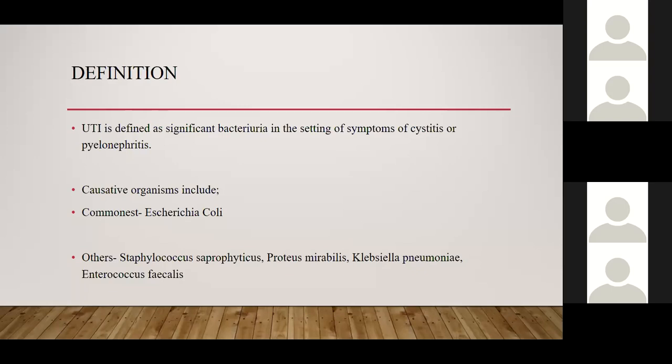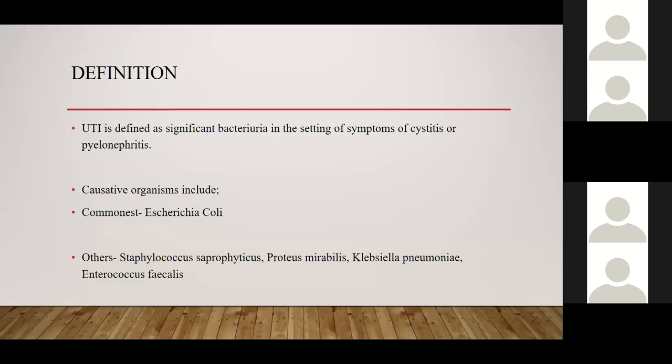The commonest organism is E. coli. And as we go on, we'll realize why. Okay, we all know that the bowel is full of E. coli. And once you use the washroom, you pass stools and all that, stools contain E. coli. And the rectum is sort of close to your genital area.